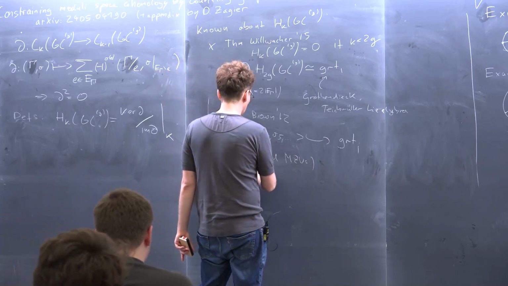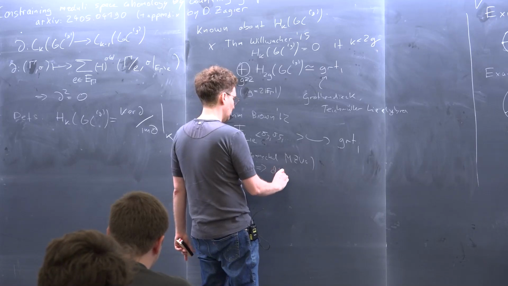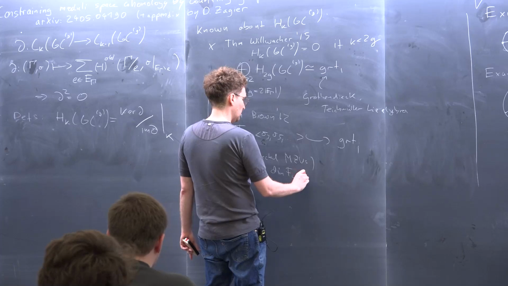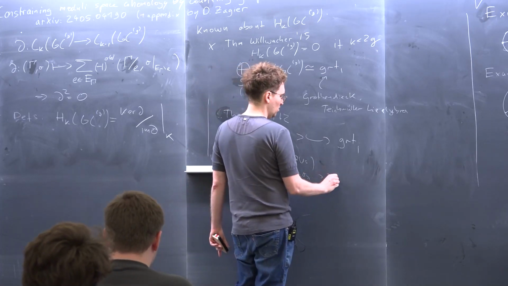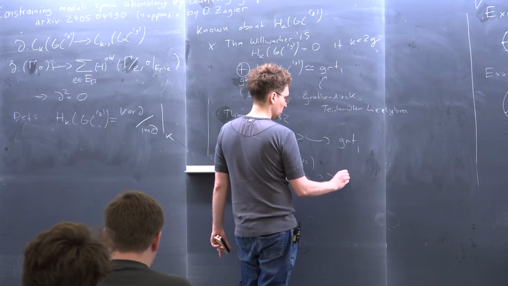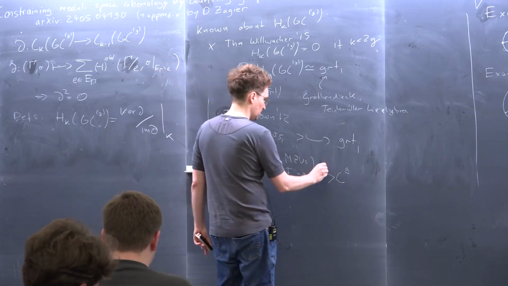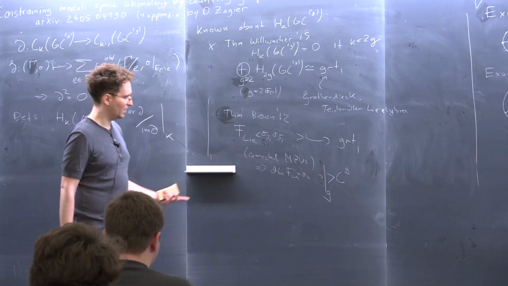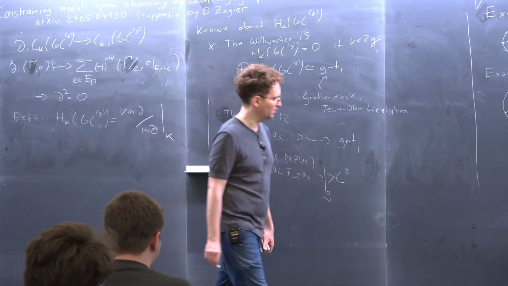And what you can show from this is that as a vector space, the dimension of this free Lie algebra in these sigmas grows more than exponentially at a specified rank g. So we have exponentially many generators in this free Lie algebra.